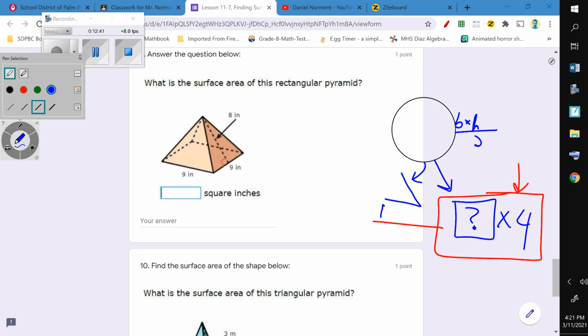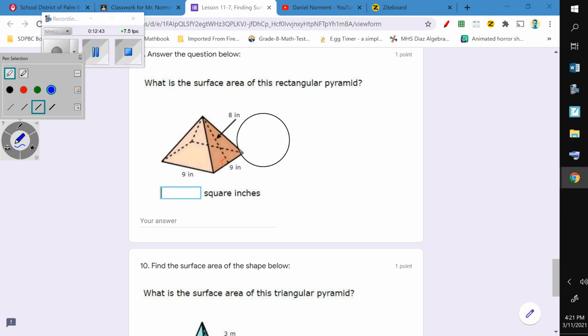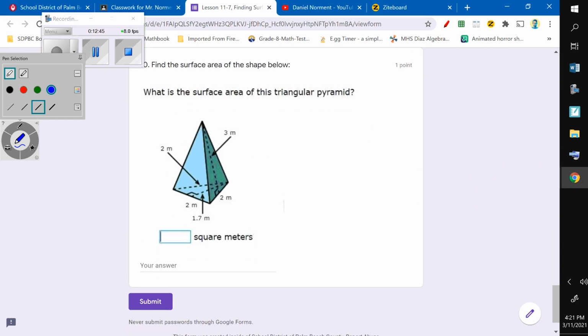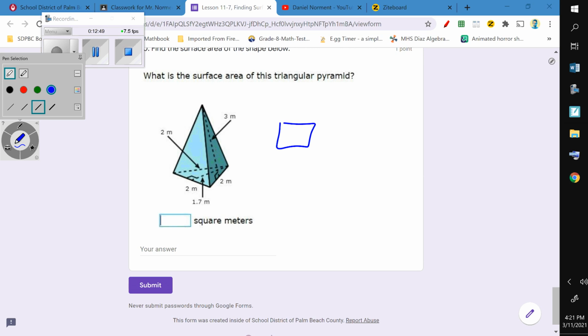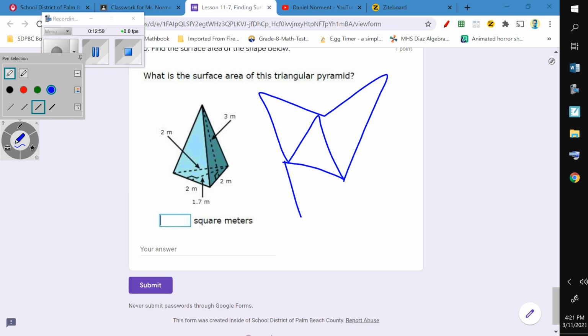And then the last question is actually a little bit more difficult because it is a triangular pyramid. So it is not a square base. It's a triangular base, which means we have only 3 triangles as a net.